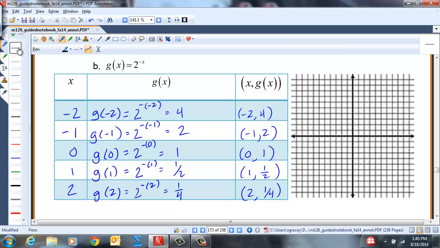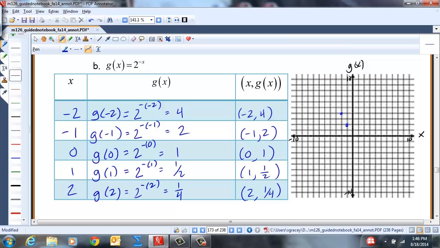Okay, so again, if we use that same scale, this is g of x, and this is x. So what will happen is at negative 2, we're going to be up at 4. That's too big of an ordered pair. Here we go. And then at negative 1, we'll be at 2.